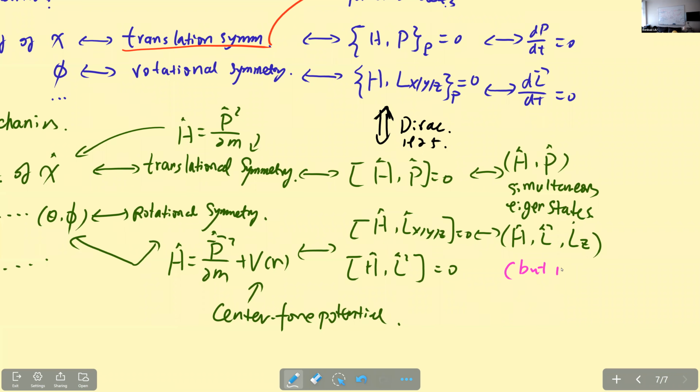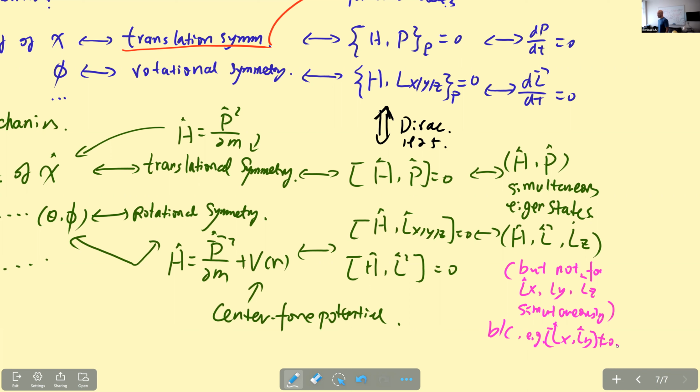But you cannot have Lx, Ly, and Lz simultaneous eigenstates, because for example Lx and Ly do not commute.